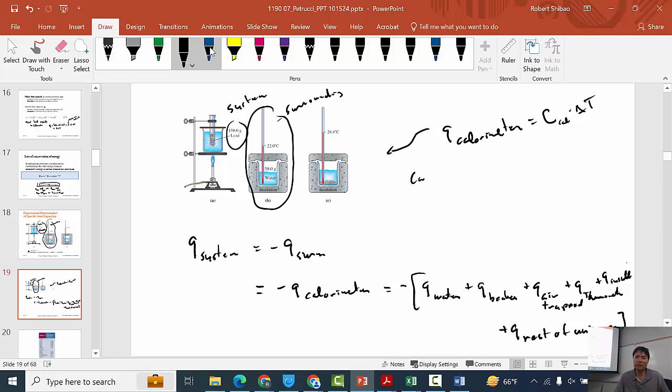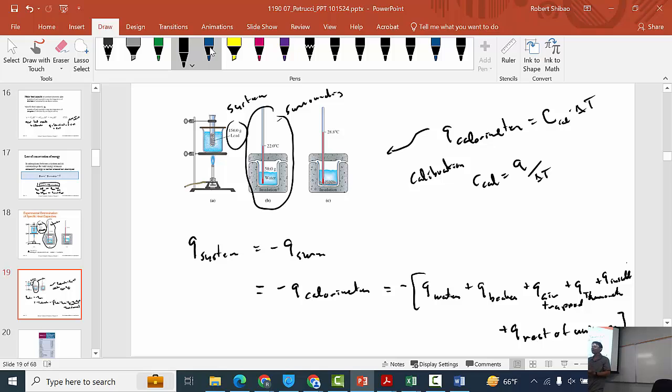So the first step is a calibration of the calorimeter. If we do a calibration, then C of the calorimeter is equal to Q over delta T. And so all we'll do is dump in a known amount of heat. Let's say we put in 1,000 kilojoules and then measure the temperature change.